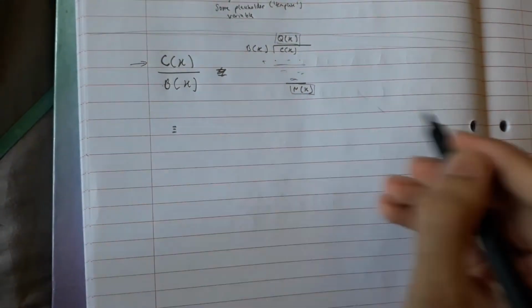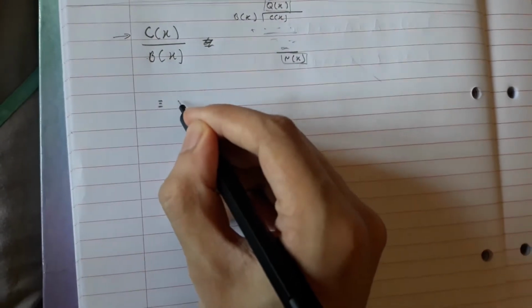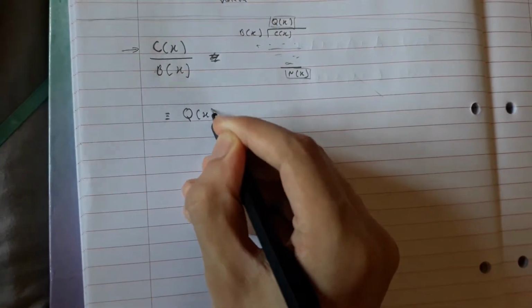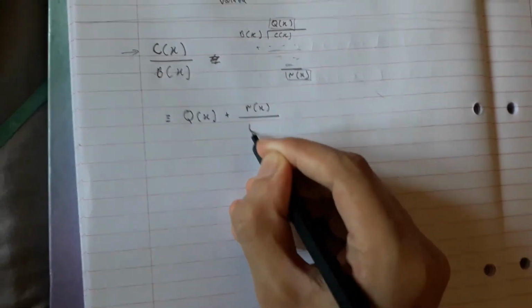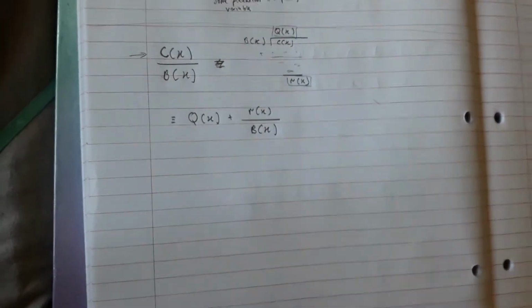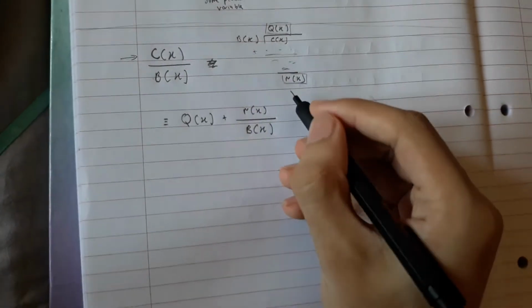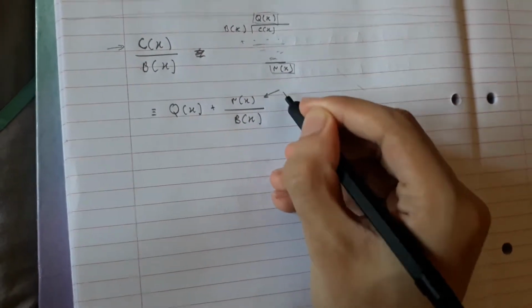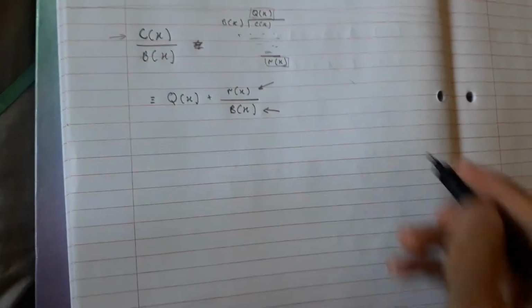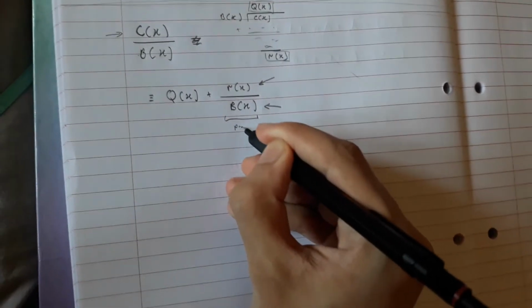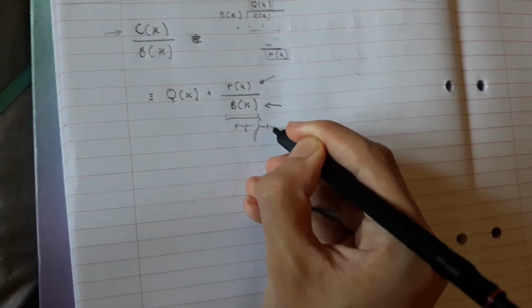So we can write this as q of x plus r of x over b of x. And now the key thing is that the degree of r will always be lower than the degree of the denominator here. So this is always going to be a proper fraction.